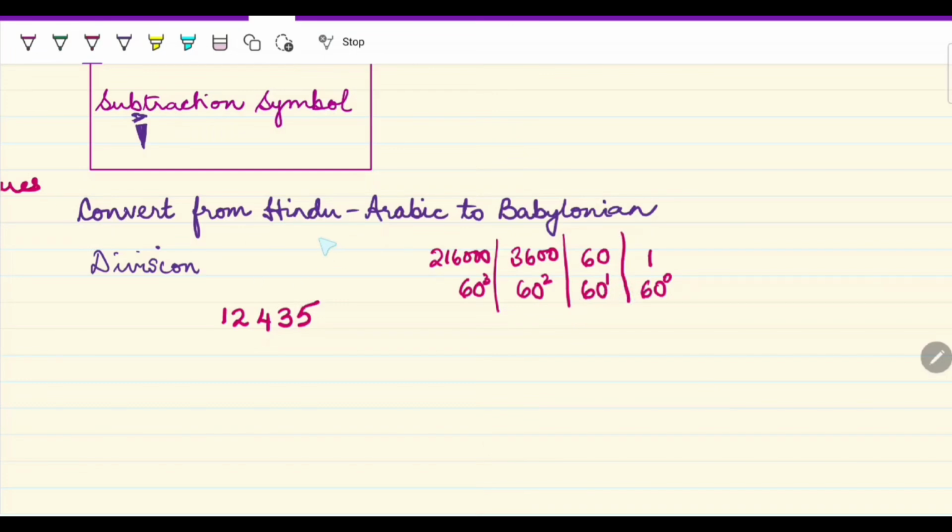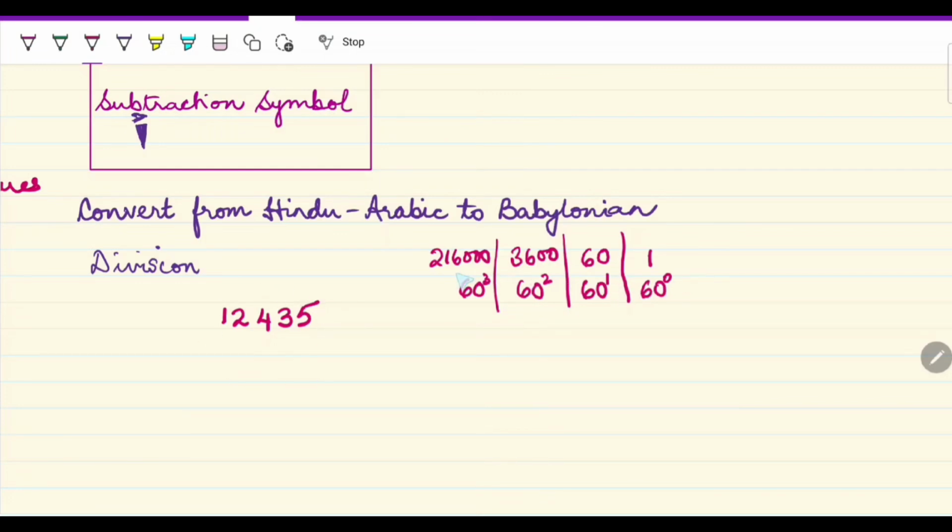When converting from Hindu Arabic to Babylonian, what we need to do is divide 12435 by the place value that is closest to this number without going over. So the divisor should be smaller than 12435, but closest to this number.